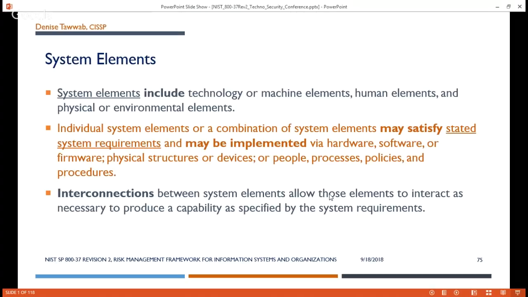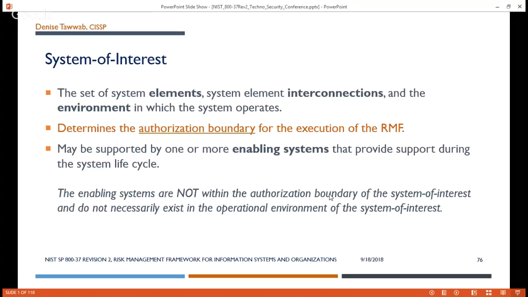All of those elements combine to create a system. Interconnections between system elements allow those elements to interact as necessary to produce a capability as specified by your system requirements. That's a lot, right? We're going to keep going.